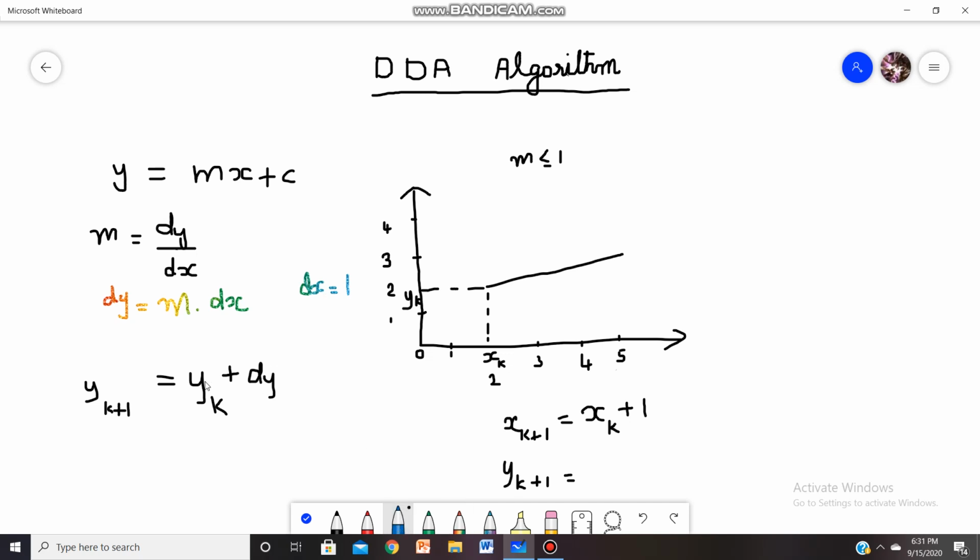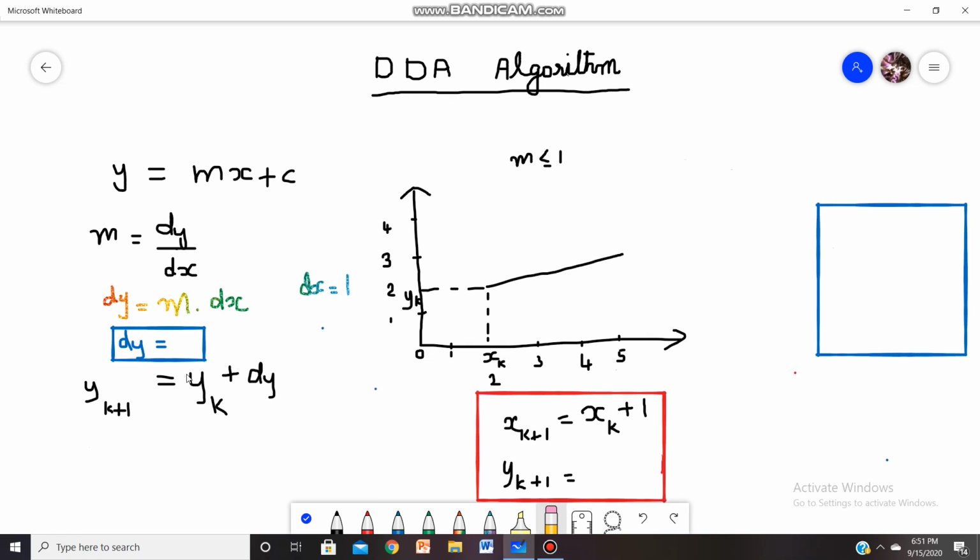So since dx is equal to 1, dy can be written as dy is equal to m into 1, that is dy is equal to m.